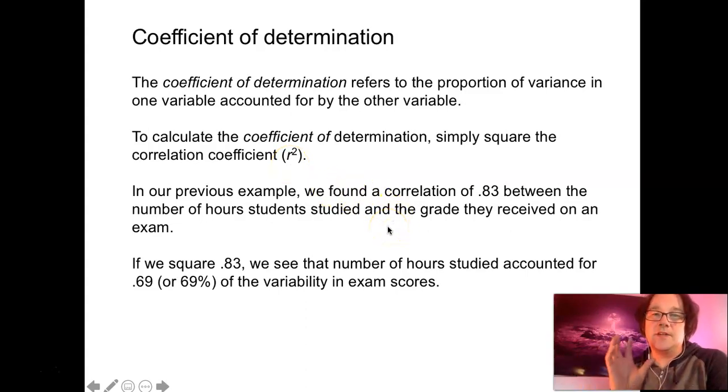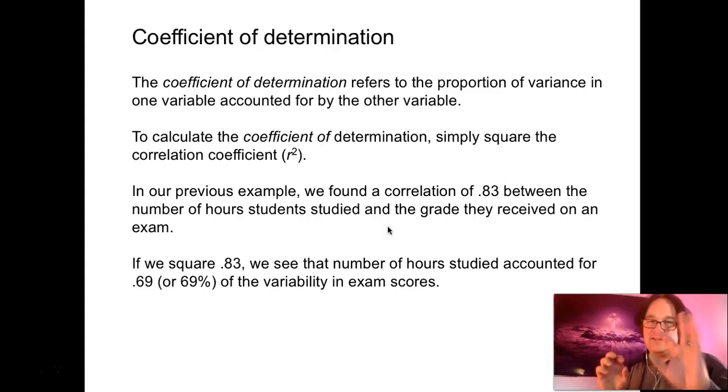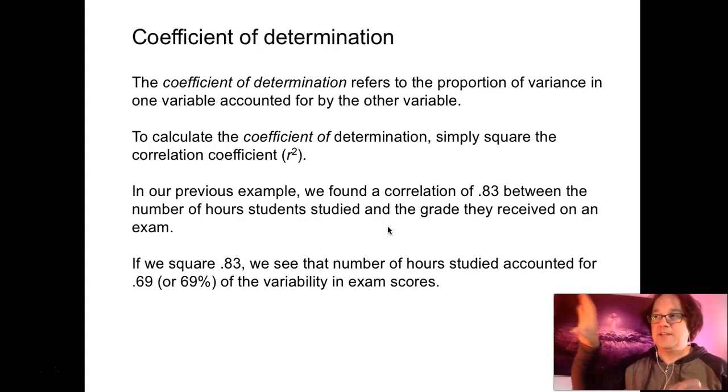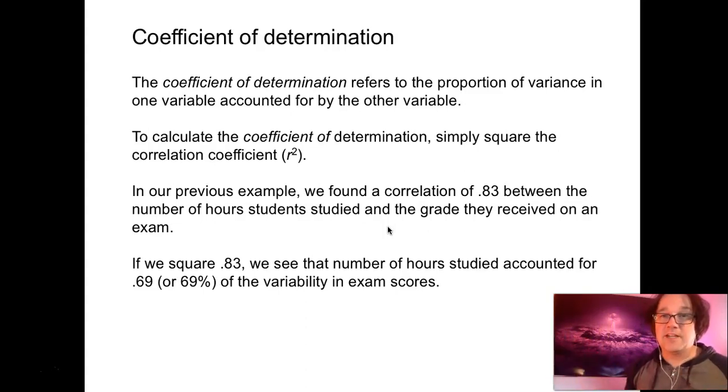And just remember exactly what it's saying. It's saying that this variable explains that much of this other variable. In our case, the number of hours that you study explains about 69% of what you're going to get on that exam.